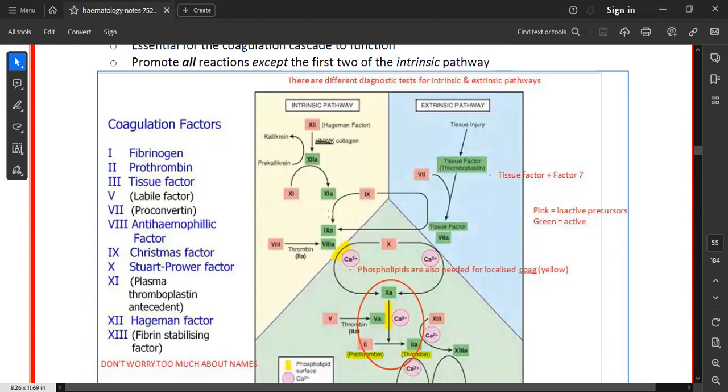Since there's no 10, it activates 9 to 9A. 9A activates 8 to 8A, like that. So it goes from 12, 11, 9, 8. 8A is now what meets 7A here to activate factor 10.